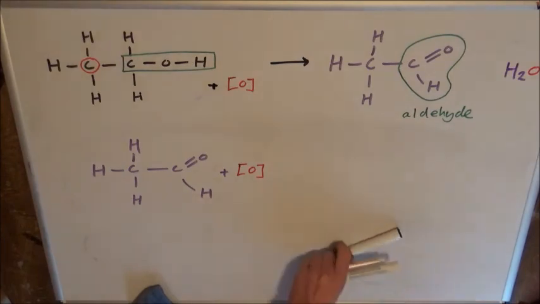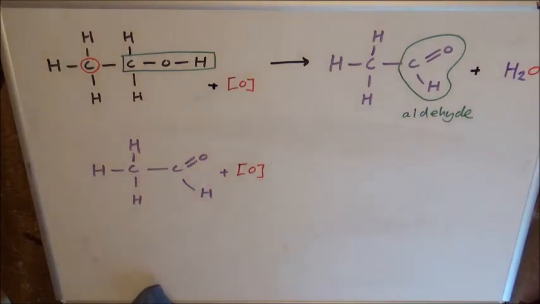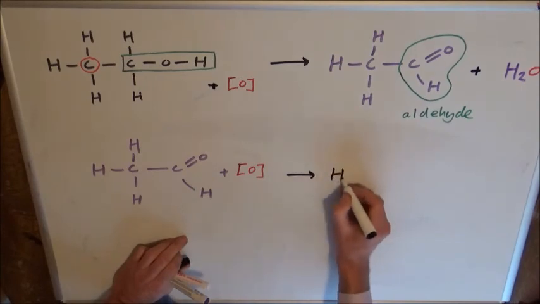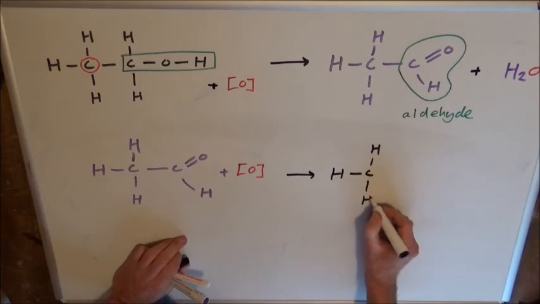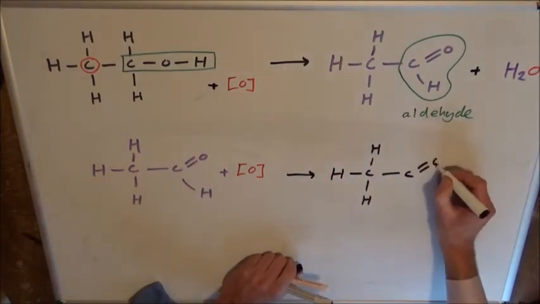But in the case of the aldehyde being oxidized, we don't actually remove any hydrogens. The oxygen becomes inserted, if you like, to make a carboxylic acid. So this oxygen, the double bond is there.